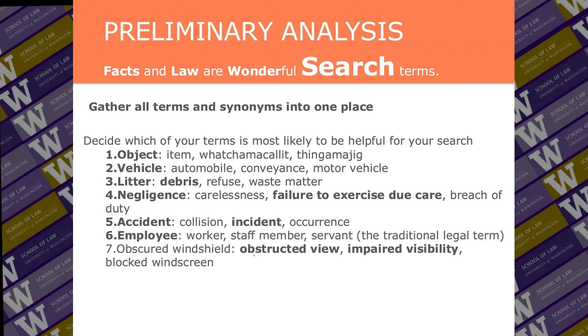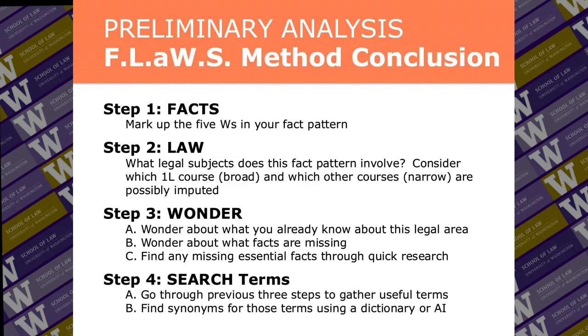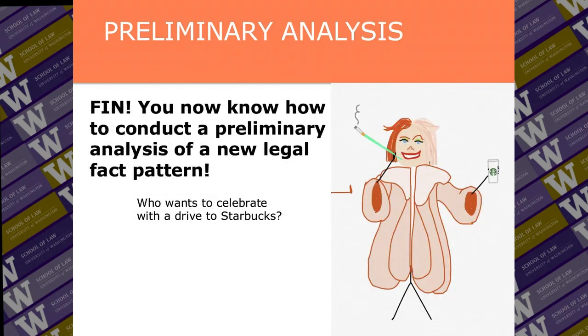And then the next step is obviously to put these into a good search string and go and conduct your searching. But the bolded terms here, these are our search terms. They are going to help us hone in on the area of law that is relevant to this fact pattern. So you did it. You conducted a preliminary analysis using the F.L.A.W.S method. Well done. Time to practice and start some search.